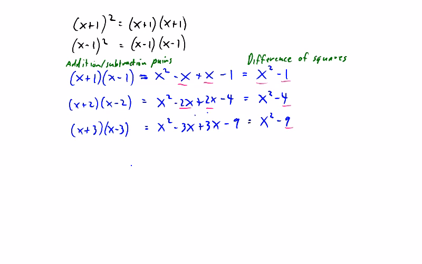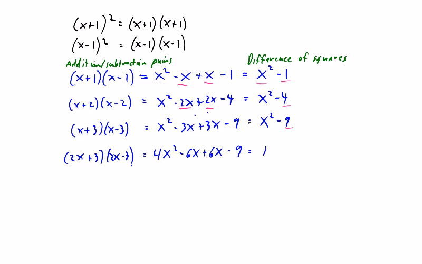If we continue looking at the pattern, we can say, if we took something like 2x plus 3 times 2x minus 3, we could expand that and get 4x squared, and then we will have minus 6x plus 6x minus 9.